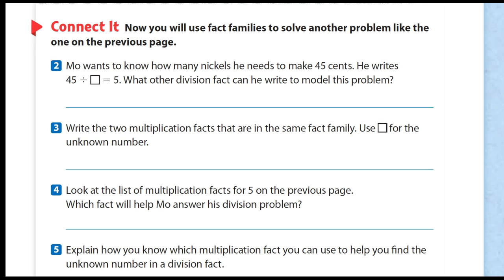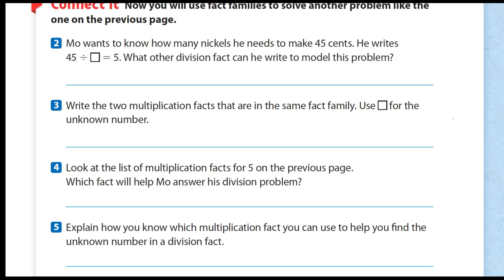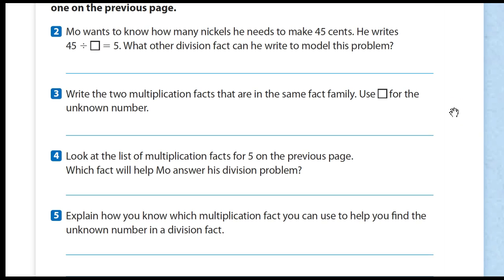So now we'll use fact families to solve another problem like the one on the previous page. It says Mo wants to know how many nickels he needs to make 45 cents. So he writes 45 divided by blank equals 5. What other division facts can you write to model this problem? Well, couldn't we write this?